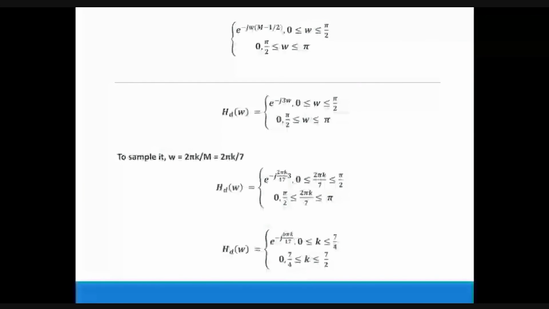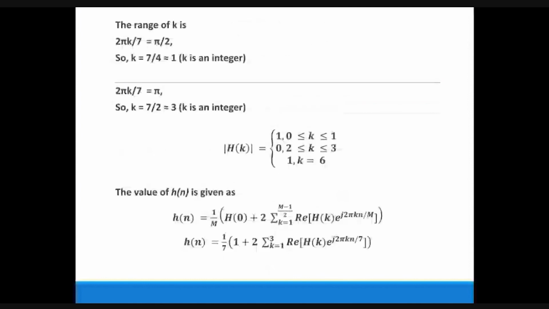So if I take 2 in both places, it will create a problem, because for k I have to take only integer values. So the first range I have taken is 0 less than or equal to k, and instead of 7 by 4 you are taking the lower integer value, that is 1, the lower ceiling value we are taking here. And the higher ceiling value we are getting in the second case, that is 2 to 3.